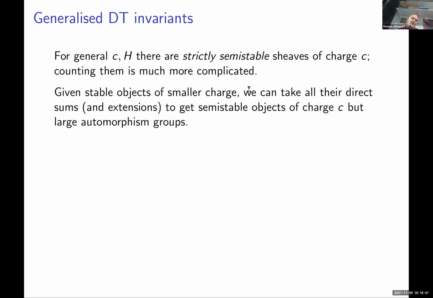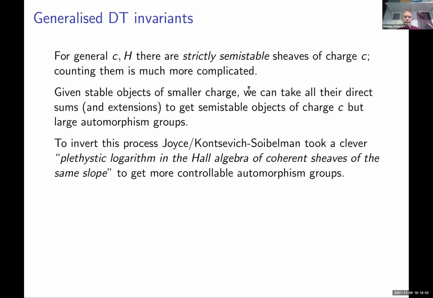So you can see that 1 over n factorial plays a role. So you might think of this as some kind of exponential. And Joyce and Kontsevich-Soibelman took some kind of logarithm to invert this process, or partially invert this process. And it's a complicated theory, and this talk isn't about that, so I'll leave it at that as a mysterious comment.